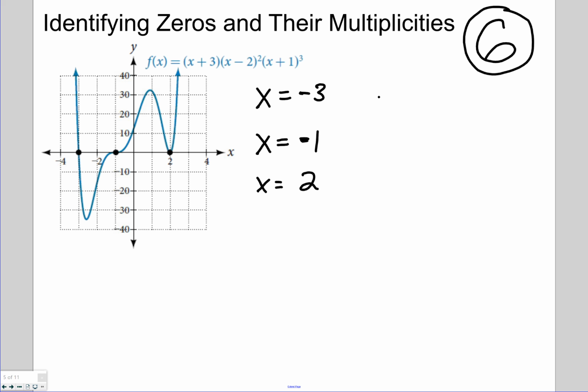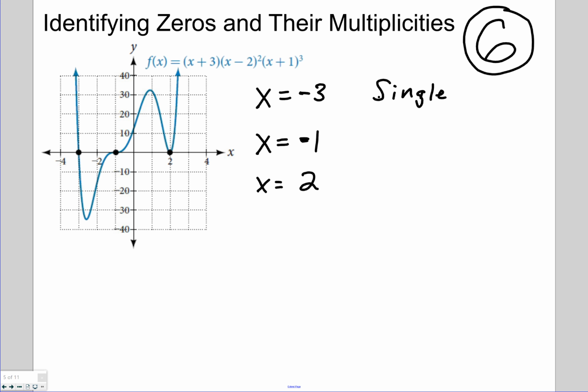So if you take a look at -3, let's all look at -3 together. Do you see how that crosses the x-axis normally? So that is what we call a single root. It's single. Okay? Now, take a look at -1. Do you see how it crosses the axis? Do you see how it has that kind of inflection point where it almost becomes horizontal before it goes back up?